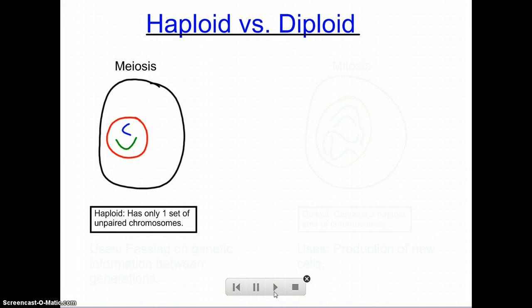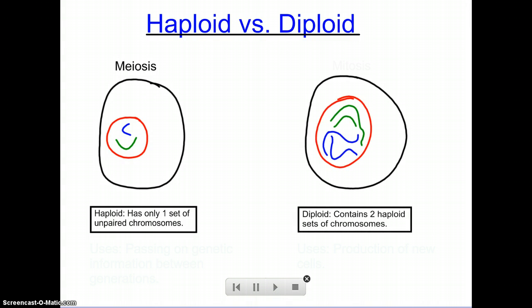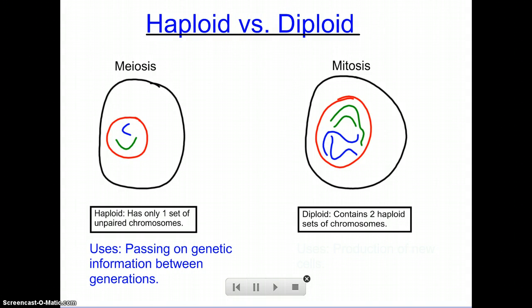What is it for? Production of new cells. Beautiful. And where do we need new cells? Everywhere in our body.